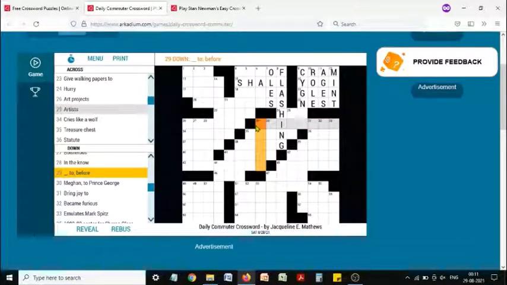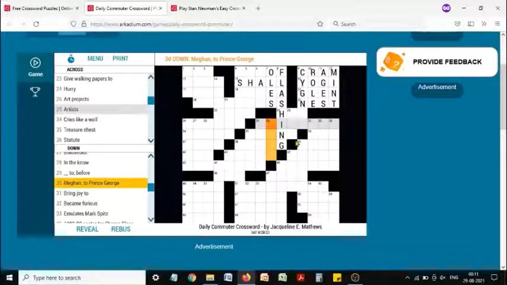Let's see what's 29 down. Dash 2. Before. 30 down. Meghan to Prince George. Isn't Meghan George's wife? Oh, she's Harry's wife. Prince Harry's wife.